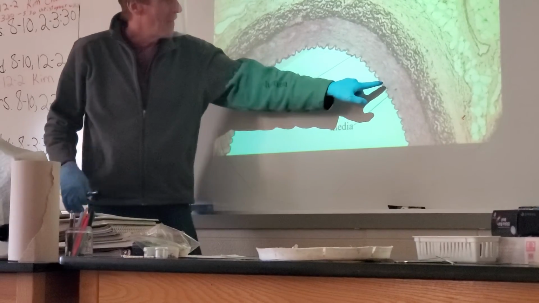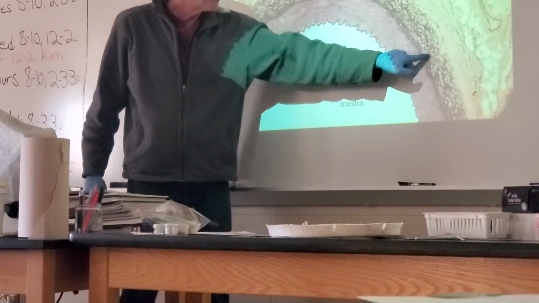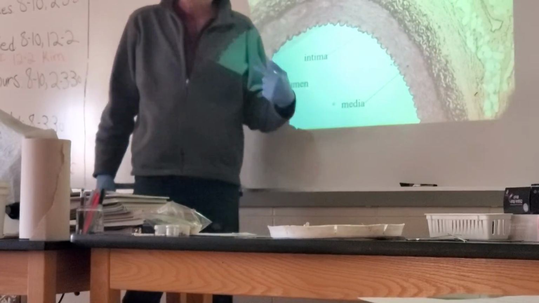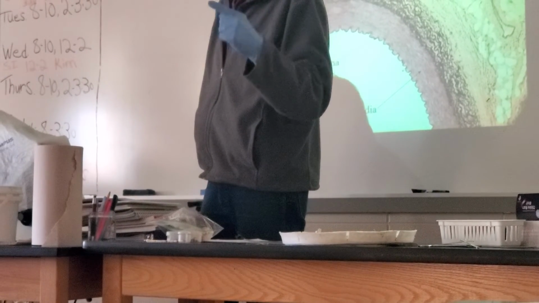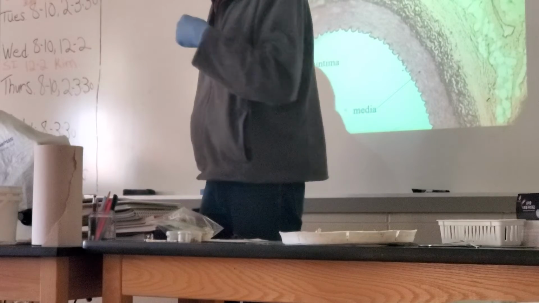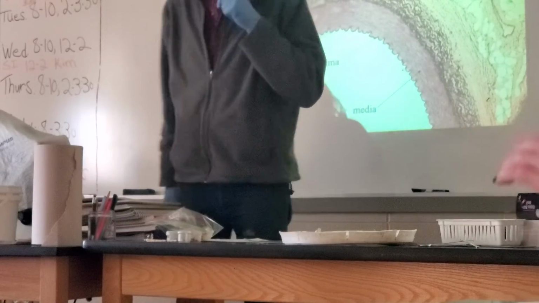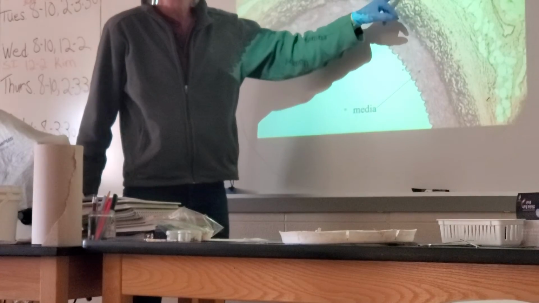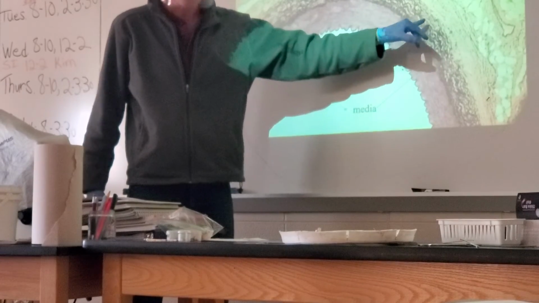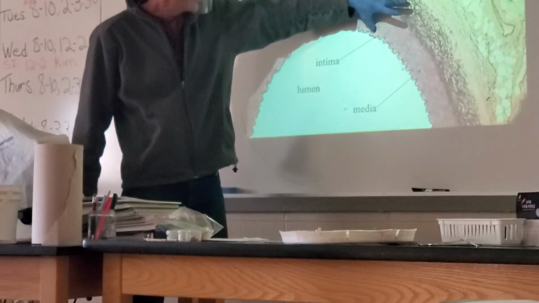That's the tunica media. This is smooth muscle. You see this black wiggly stuff? That's elastic tissue. On histology slides, typically, if something is stained black and you don't know what it is, your guess should be elastic tissue. There's an iron-based dye they use to make elastic tissue stand out. It's almost always bluish black like this. So that's the tunica media.